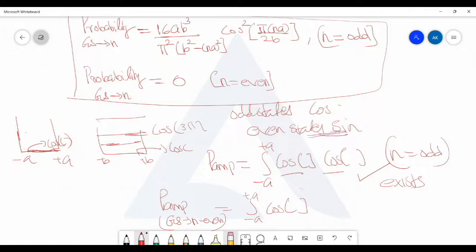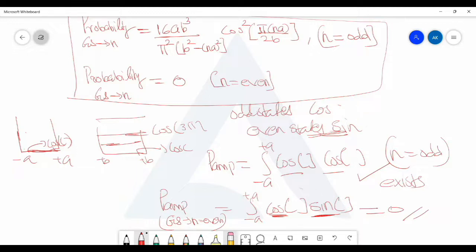Even states are sine. So you will get sine here. Even function times odd function gives an odd product, and an odd function over an even limit gives 0. That is why this is 0.